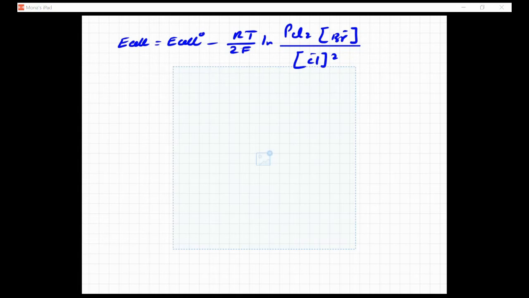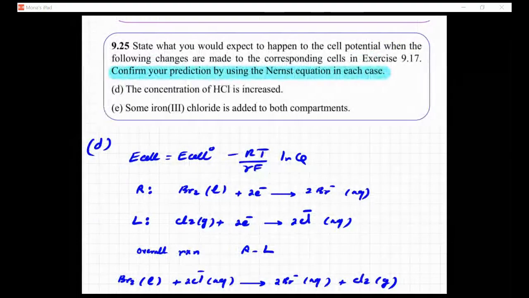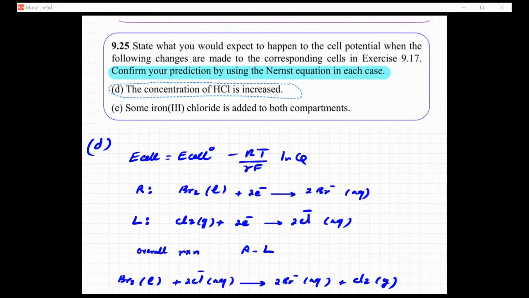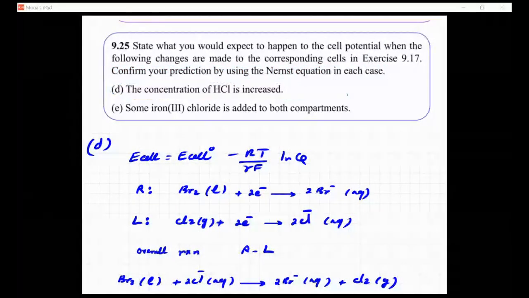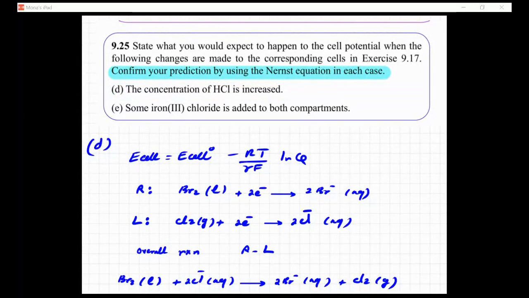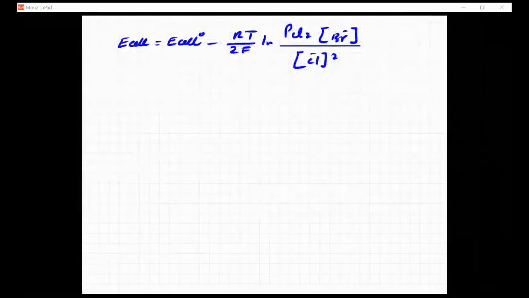Now the question, what does it say? It says what will happen if the concentration, let me just do this here. I want to answer this question. What will happen to the cell potential when the concentration of HCl is increased? So this is what we want to look at. I want to see what happens to the cell potential.